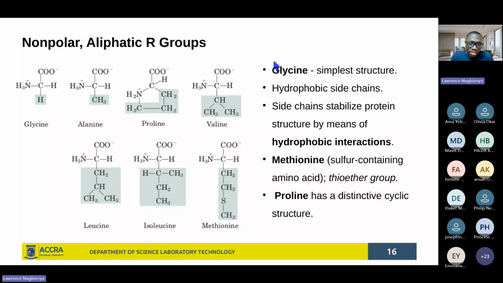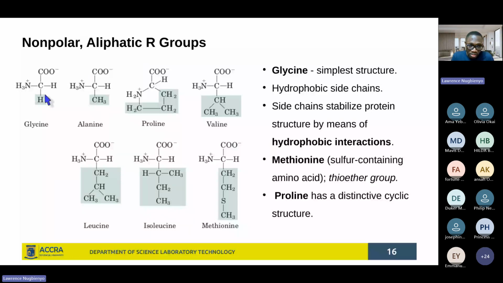Now, based on the side chain, we have amino acids that we can group as non-polar and aliphatic side chains. So aliphatic only means linear, so linear side chains. And those side chains are non-polar.